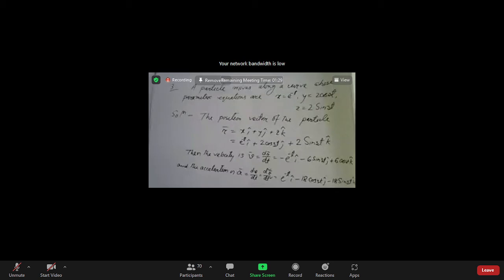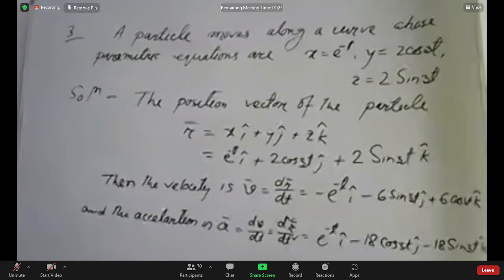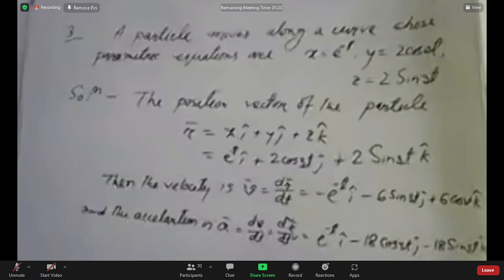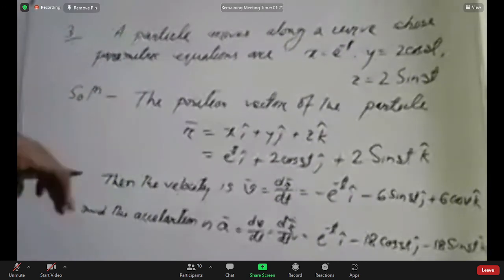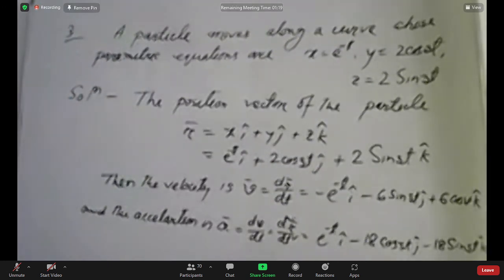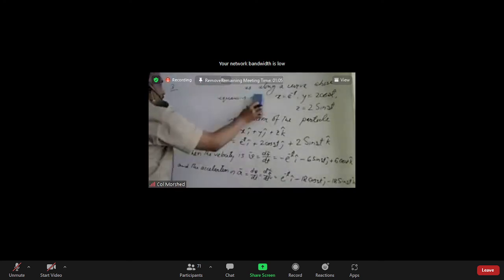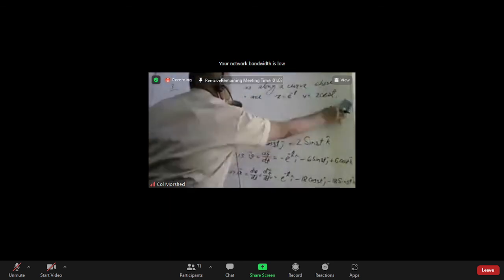So we have got the answer of the first question, the velocity and the acceleration. And what was the second part? Second part was to find out the magnitude of the velocity and acceleration at t is equal to 0. Now find out the magnitude of this velocity. Magnitude, you know how to find out the magnitude, isn't it?